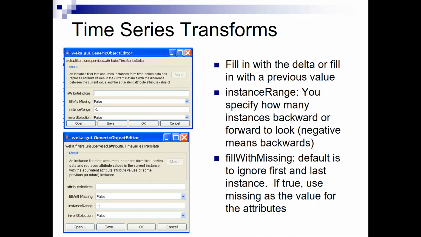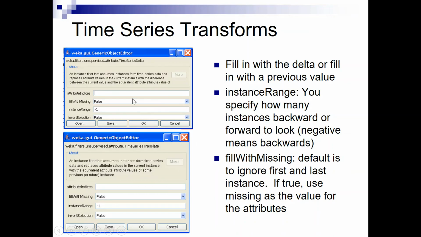So here are the widgets. We see two different possible time series transforms. There's time series delta, where what you keep is the difference between a feature value and one that's either before or after it in the list, and time series translate, where you actually move the value down.